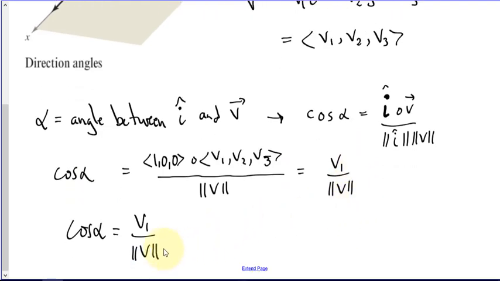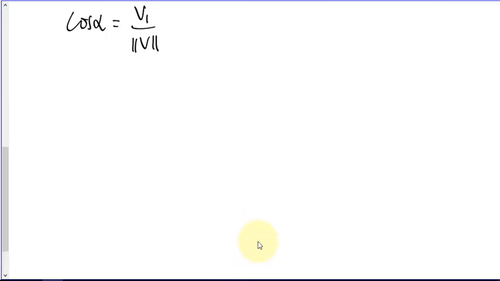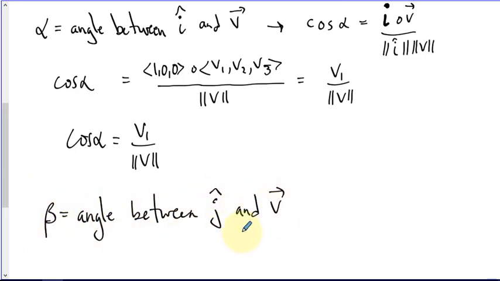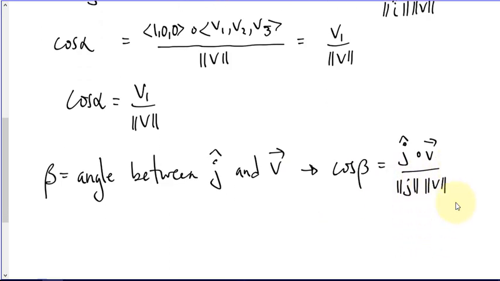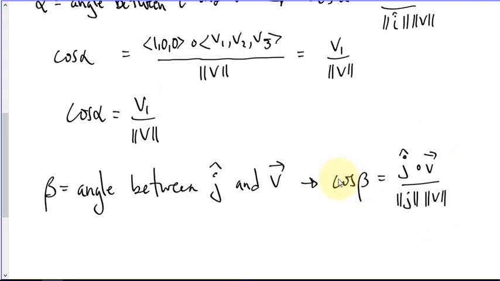And so that's an important point to recognize, and now I can do that for the other two angles. Just to make sure that's clear, I'll go through that one more time, following the same pattern. Beta is the angle between j and v. And therefore, the cosine of beta is j dot v over magnitude j, magnitude v. The magnitude of j, just like the magnitude of i before, is equal to 1, and that's an important point I should have said before.